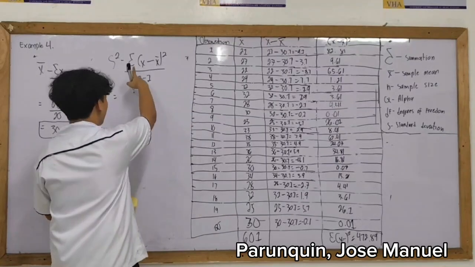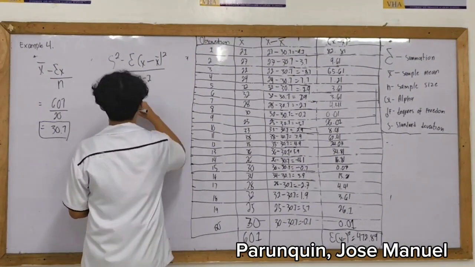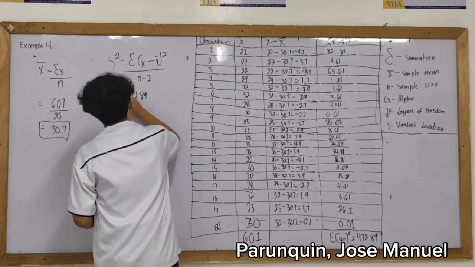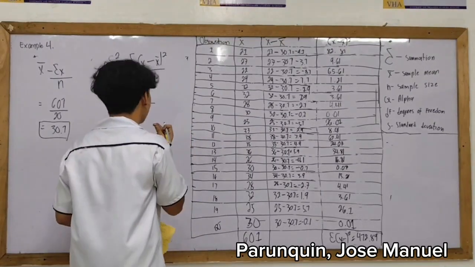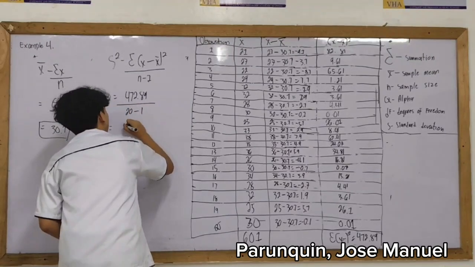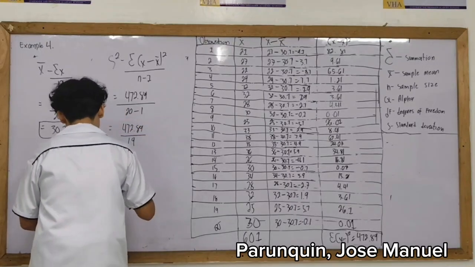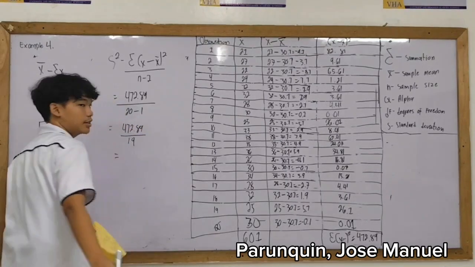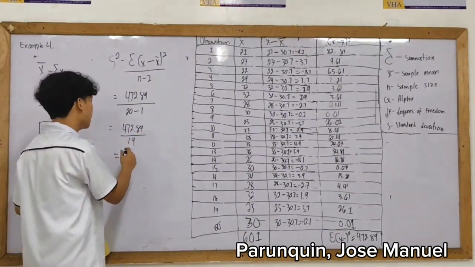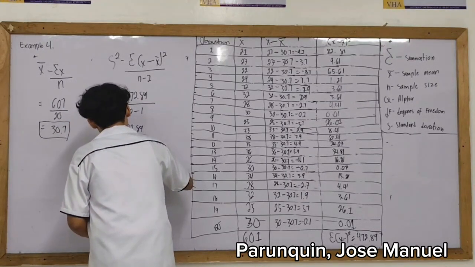So our final answer of the column, which is 472.89, over sample size, which is 20 minus 1. So it will become 472.89 divided by 19. So the answer will be approximately 24.89.